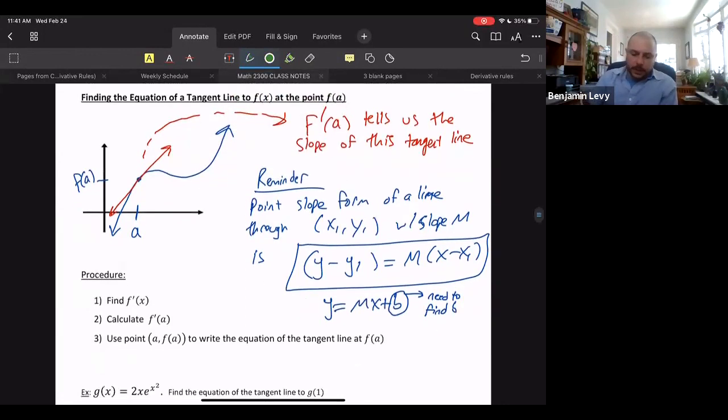So here's the procedure then. If we want to do this, we follow these 3 steps. You calculate the derivative. In the homework, it's using either the power rule or the limit definition. You plug whatever point you're interested in into the function, right? This is going to tell us the slope.